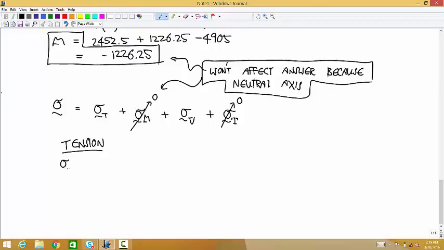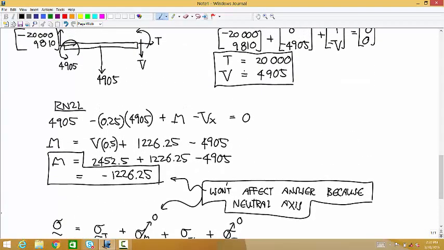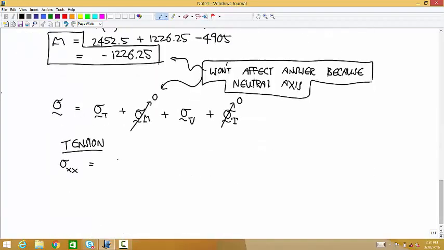So for tension, the XX stress is equal to the tension divided by the cross-sectional area. So positive 20,000 divided by the area, which is 0.125. And so you get a stress of 1.6 times 10 to the 5 pascals.